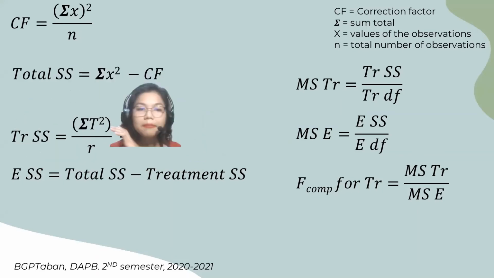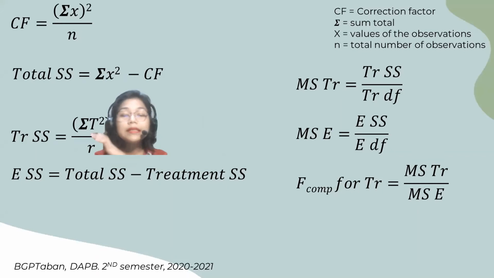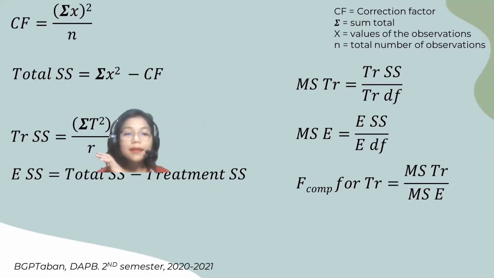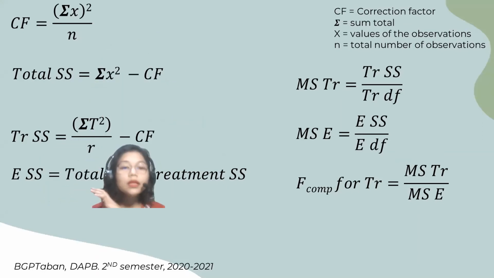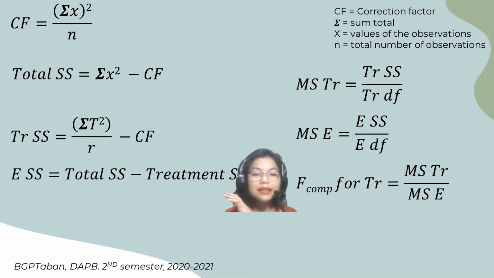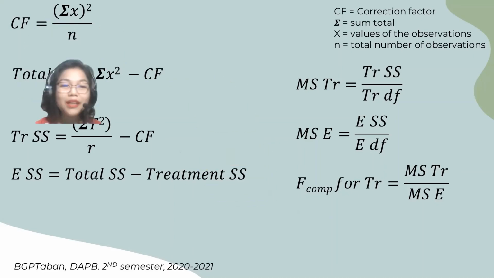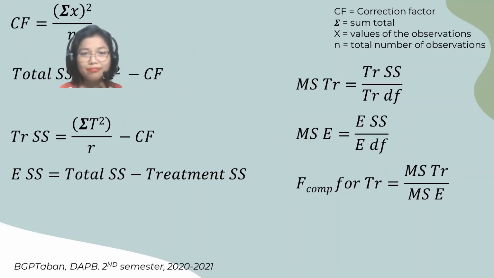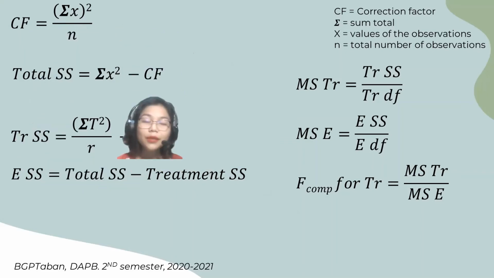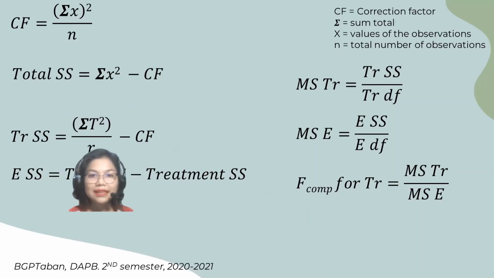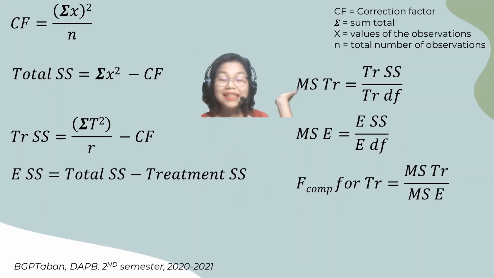So that's for the treatment SS. Again, sum of squares of the treatment means. Then the ESS, our error sum of squares, is simply total SS minus treatment SS. Just kidding about SSS, it is treatment SS only. So once we get our TSS, the answer should be correct. Then once we get the correct answer for our treatment SS, our error SS will also be correct. It is not SSS, that's something else.